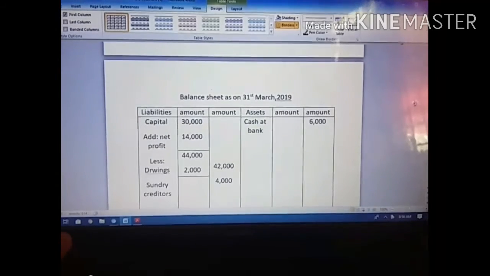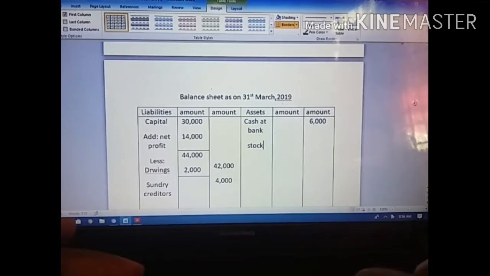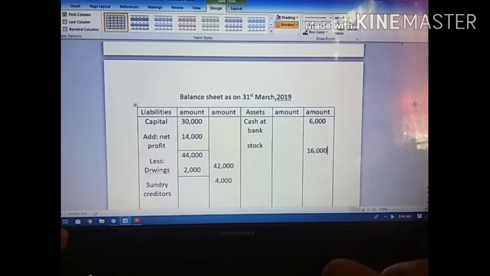Then closing stock is also there. So I have to write stock closing 16,000. Stock 16,000.